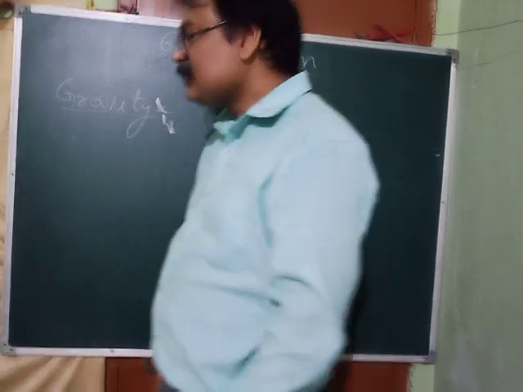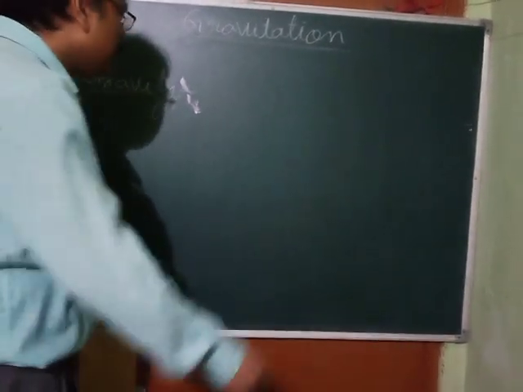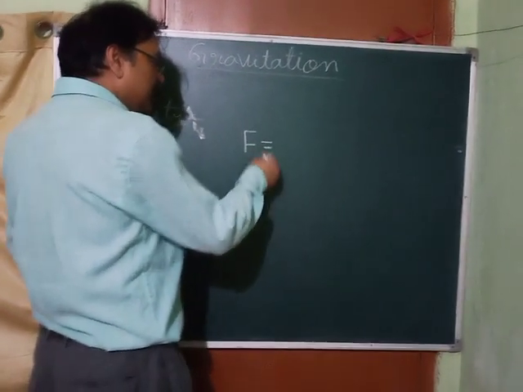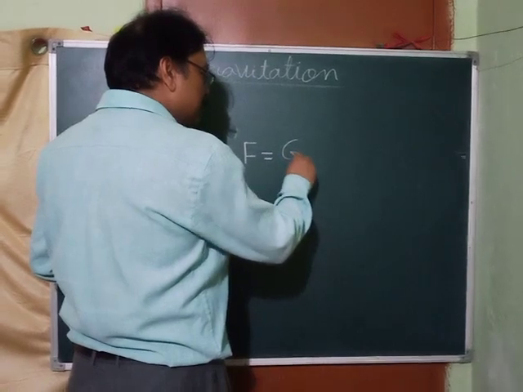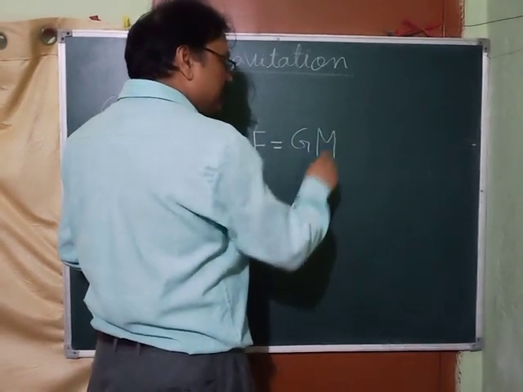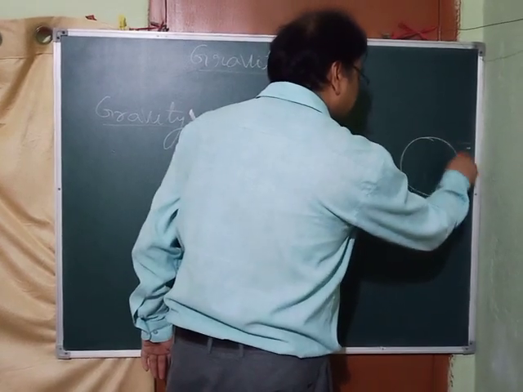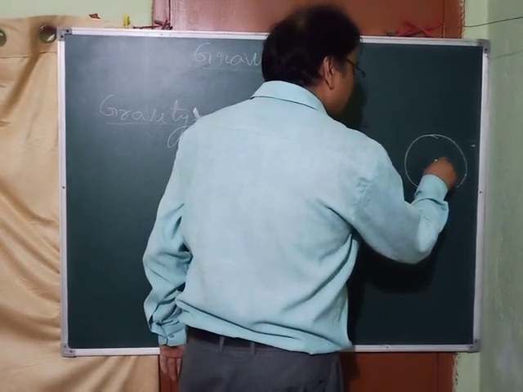Now suppose we are talking about the earth, so what will be the gravity for it? See, gravity of the earth is how much? It is F is equal to capital G, capital M is the mass of the earth. Suppose this is the earth and this is the center of the earth.